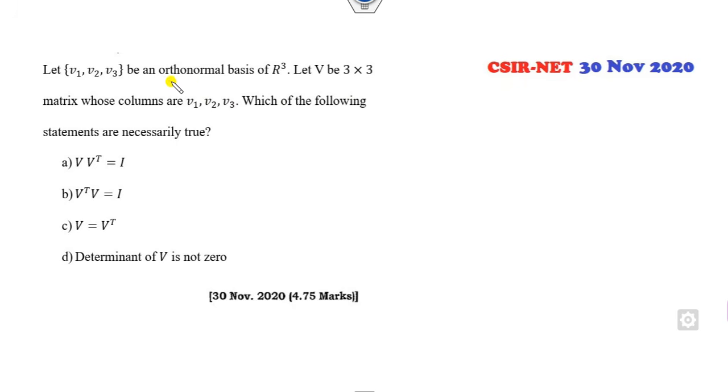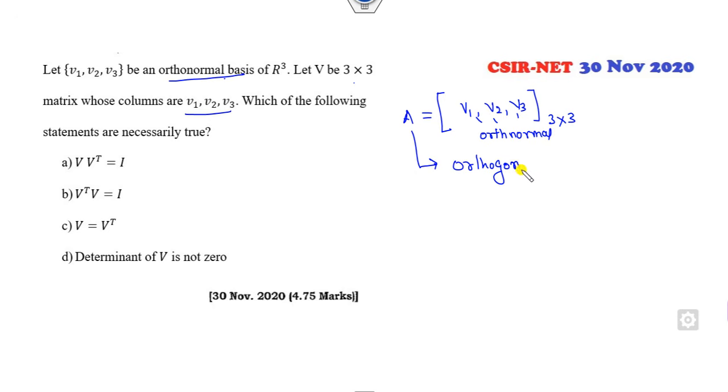Okay, look at another one. This is the orthonormal basis. V is a column vector, a 3 by 3 matrix with columns V1, V2, V3, where V1, V2, V3 are orthonormal. If this is orthonormal, what is the matrix A? This is an orthogonal matrix.